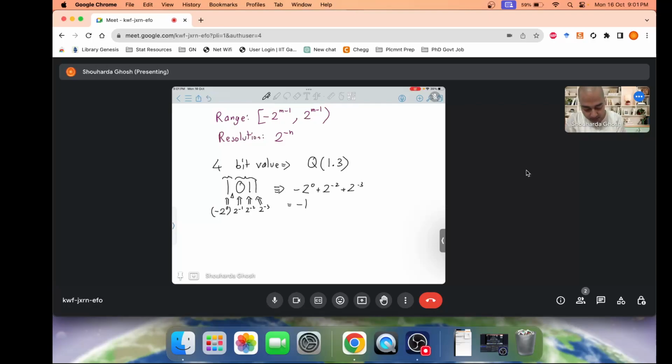And the sum is minus 1 plus 0.25 plus 0.125, plus 0.375 for the remaining, and that turns out to be minus 0.625. Similarly, when you get other problems, you will be able to solve them.